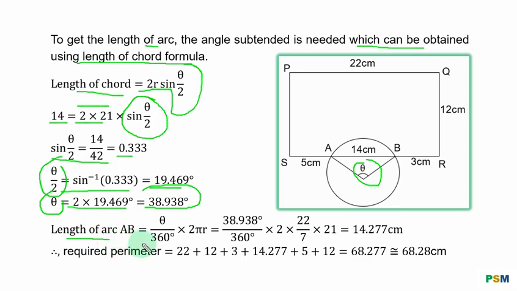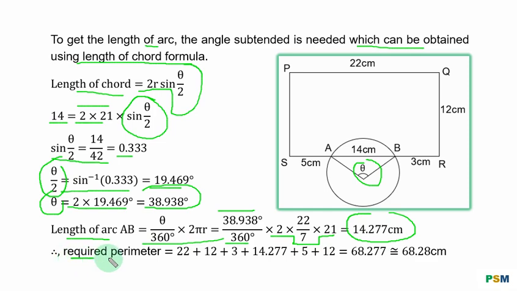This is length of arc formula. You have the angle over 360 degrees times 2 times pi times radius. When you simplify, you have 14.277 cm.